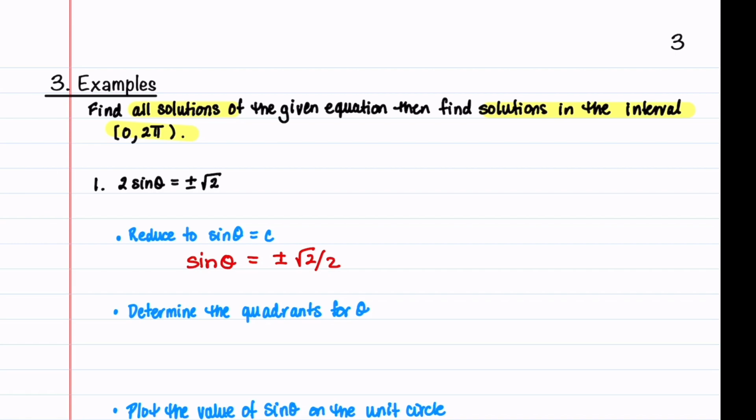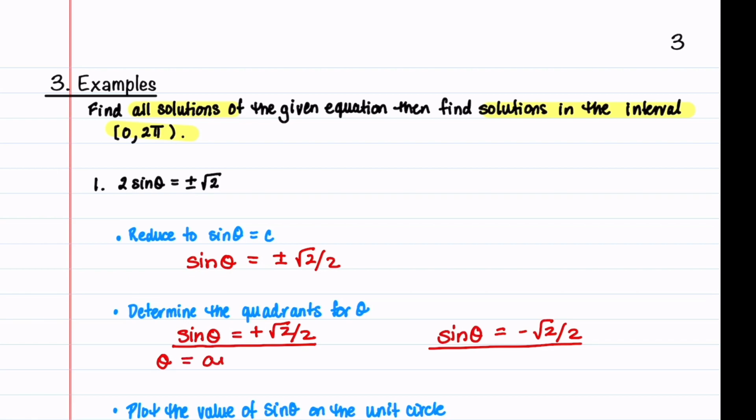Let's now find the quadrants for our solution theta. Let's divide up our equation into the positive equation and the negative equation. So we have sine theta is equal to positive root 2 over 2. And then we have sine theta is equal to negative root 2 over 2. For our first equation, theta is the arcsine of root 2 over 2.